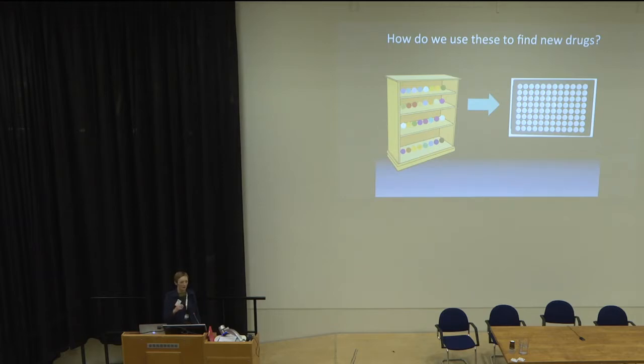But what we really want to do is find things that alter the disease course. So we want to put in healthy neurons, and we want to add our drugs, and then most of these neurons during the course of our experiment will start to lose their functionality, and we want to find drugs that will preserve that.